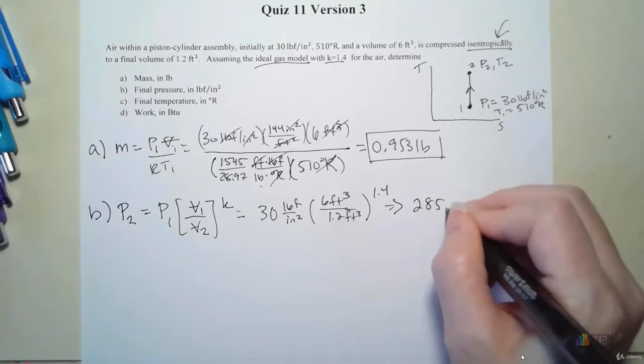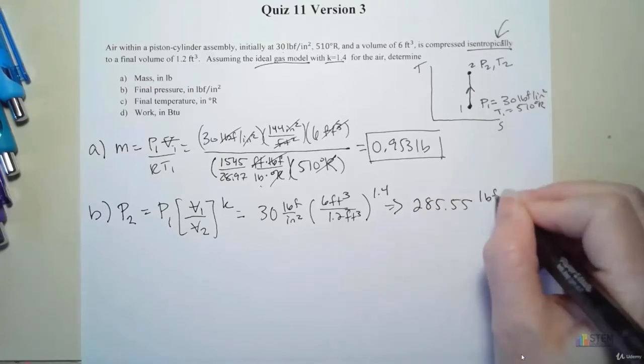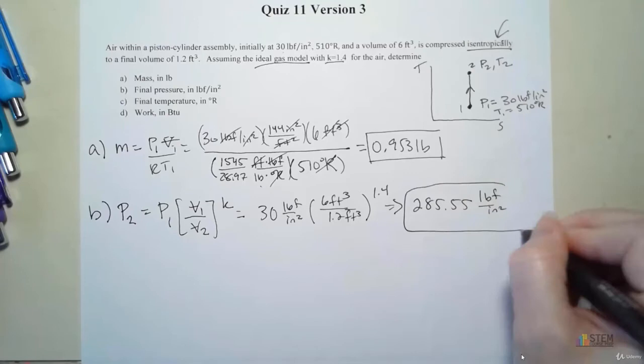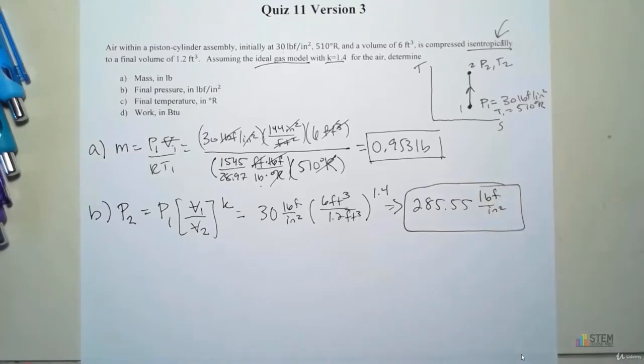That's going to give us 285.55 psi. Alright, so there's your second pressure right there. So pressure is increased quite a bit there.